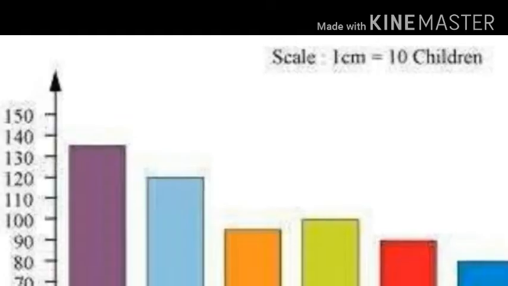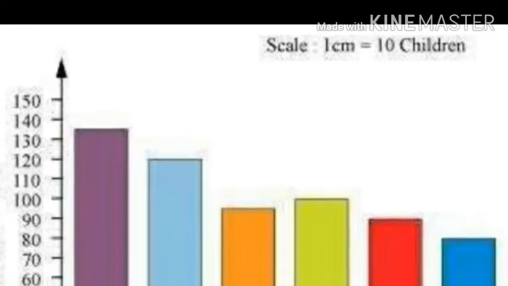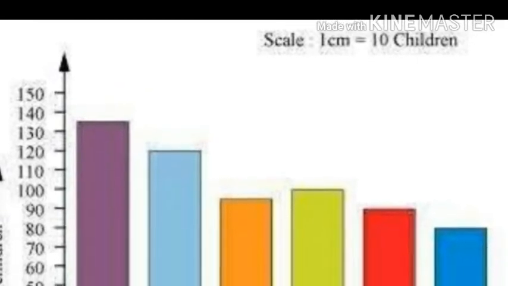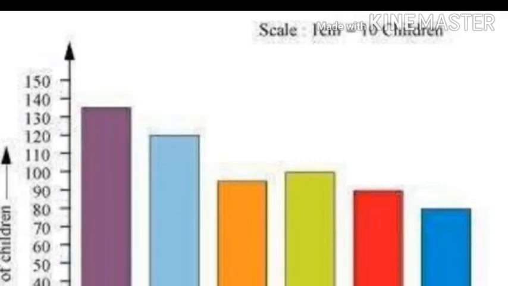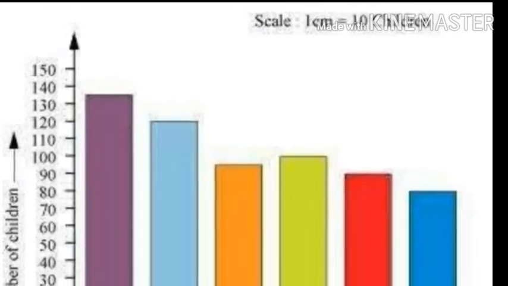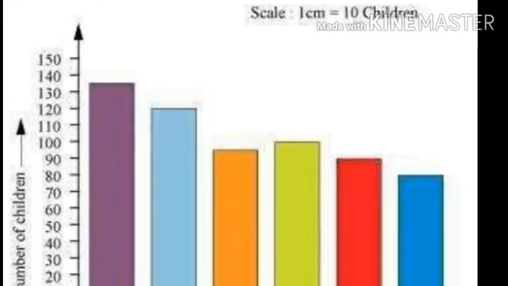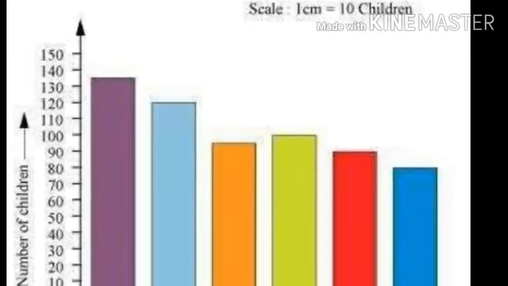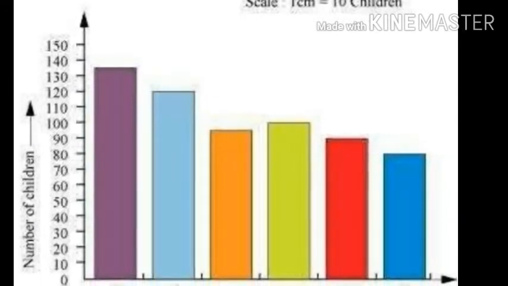Okay, now we choose a suitable scale to determine the height of the bars according to the space available for the graph. Here we choose a scale 1 centimeter is equal to 10 children, because we can represent a more clear difference between the number of students of class 7th and that of class 9th by this scale.